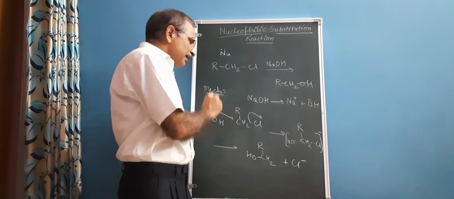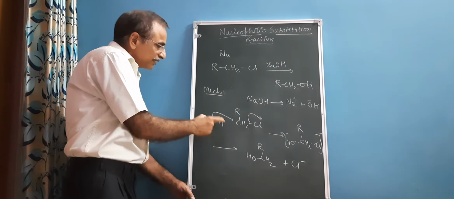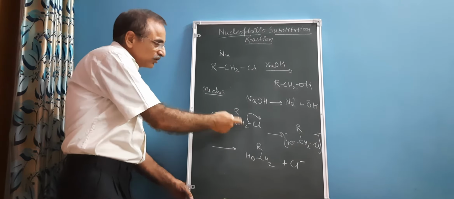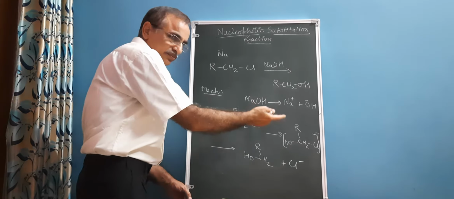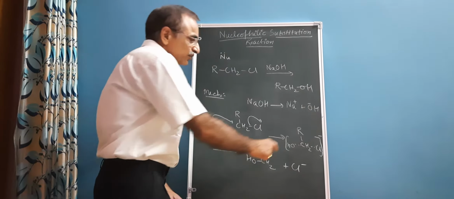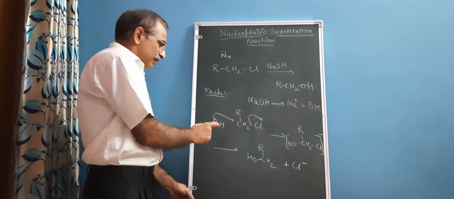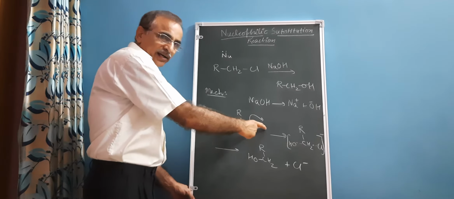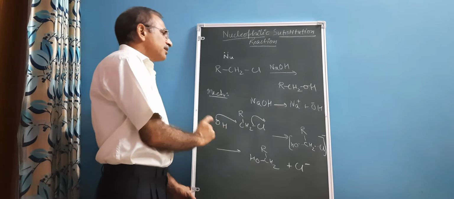This is because in the initial state, as soon as this base approaches the carbon, the carbon chlorine bond starts breaking, and there is formation of an intermediate transition state, and here two molecules, the base as well as the haloalkane, participate in the slowest step.